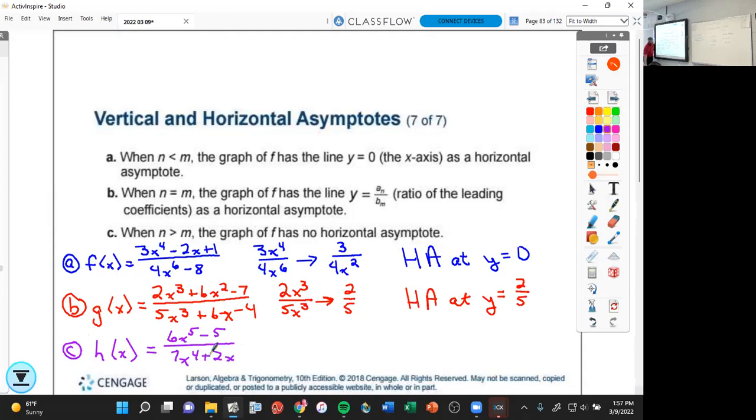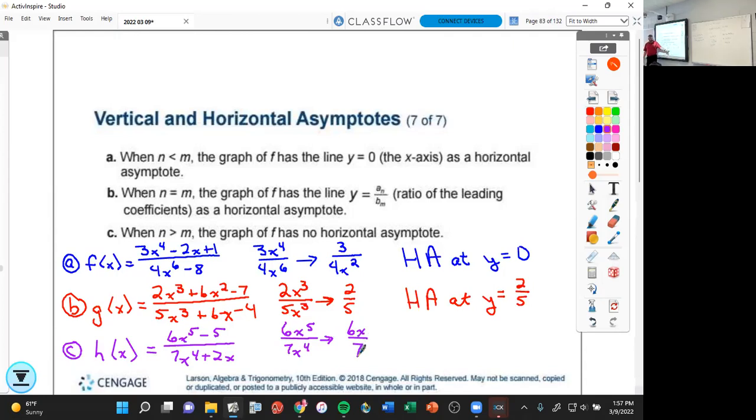I'm just making stuff up. Again, all I care about is the most powerful piece in the top and the bottom. That's 6x over 7.